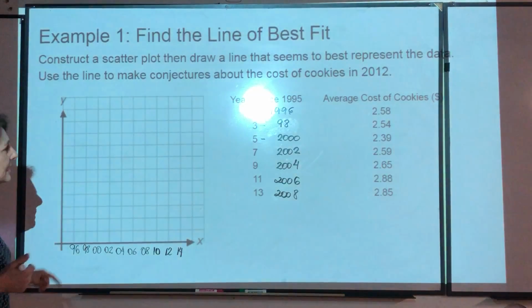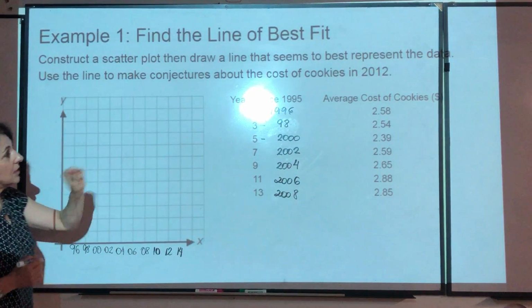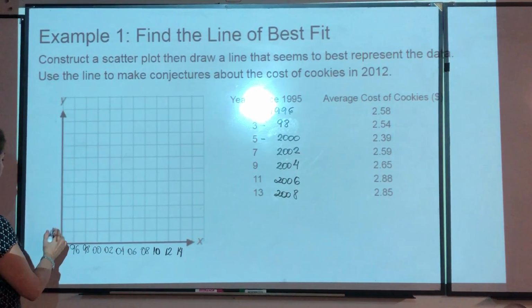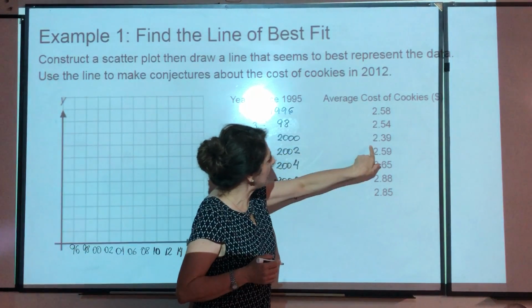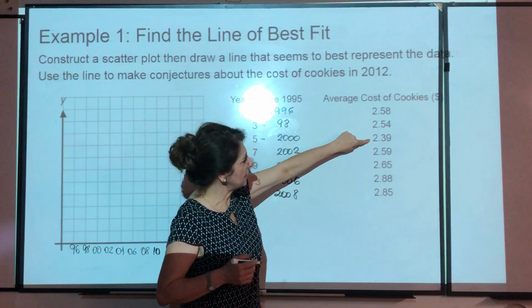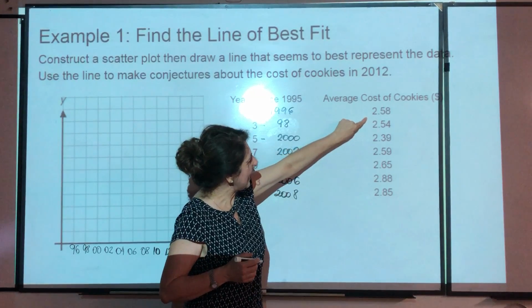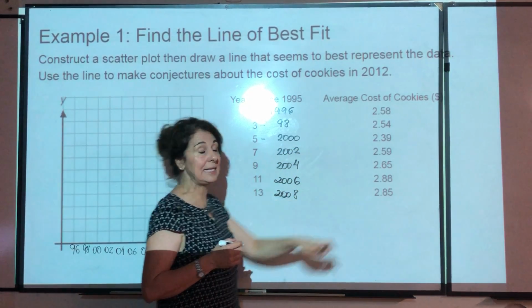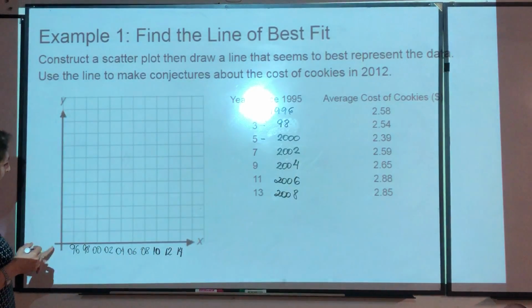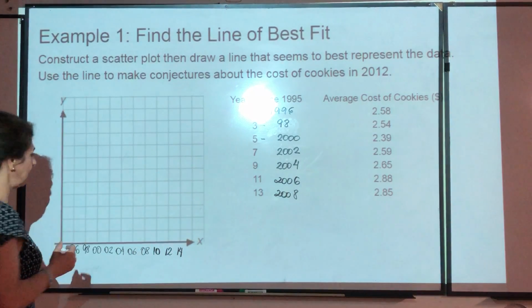So in 1996, it cost $2.58. Oh, we need to do this as well. The smallest amount that we have is $2.39, and the highest value for the cookies is $2.88. So let's make our graph fit that information.